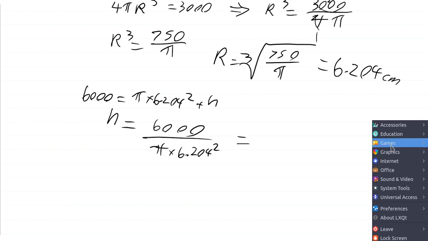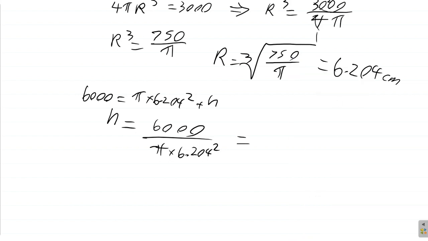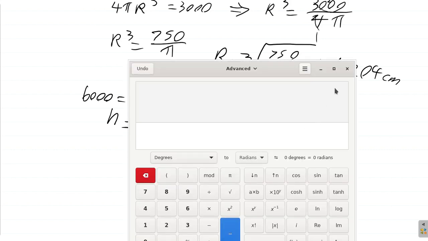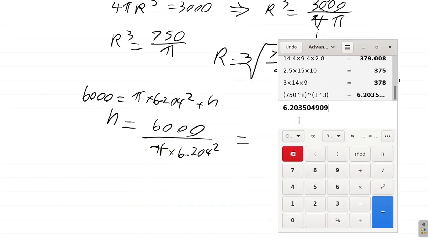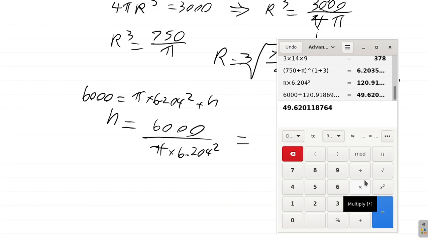So what is it? Let us see. Pi times 6.204 squared is equal to that. Then 6000 over that is 49.62.